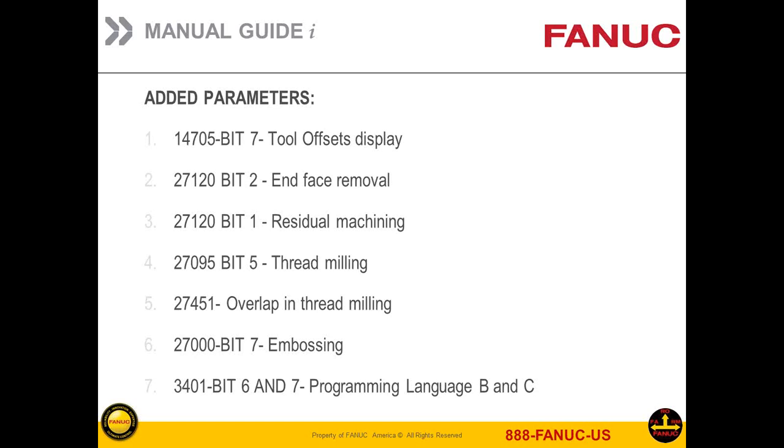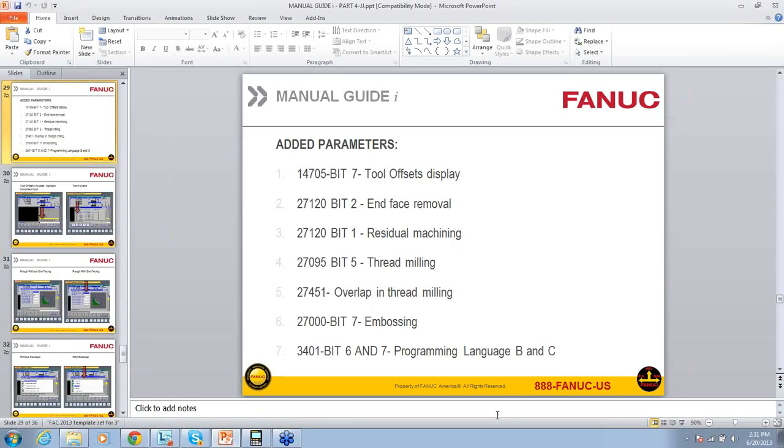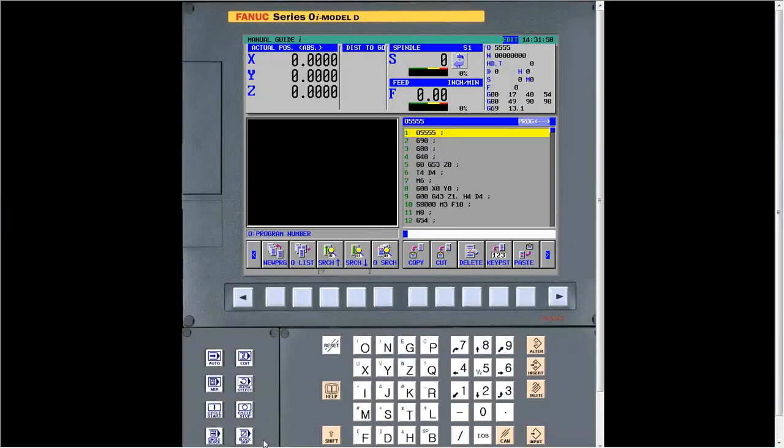So there's like 7 of them here that I want to go over, to make sure you understand that if you turn these on, it will make things much easier when you do your programming on Manual Guide i.